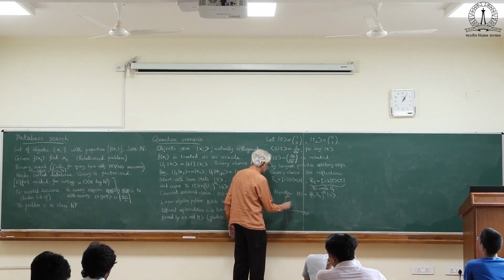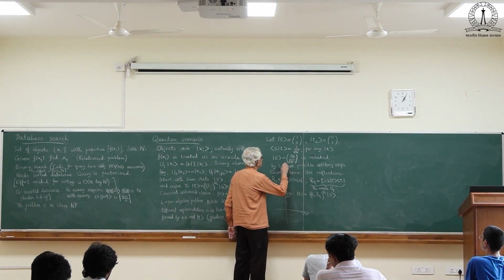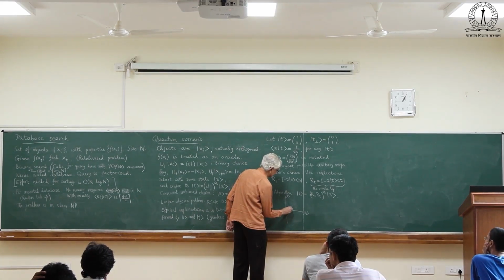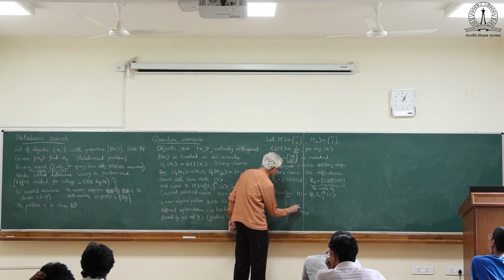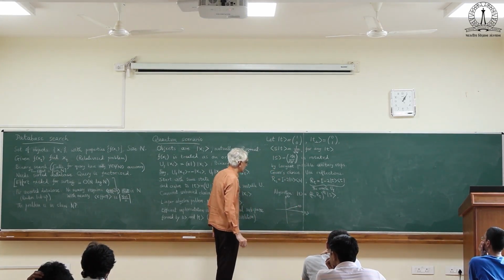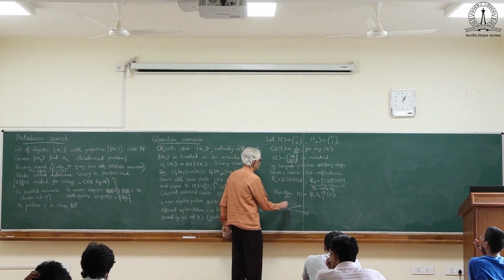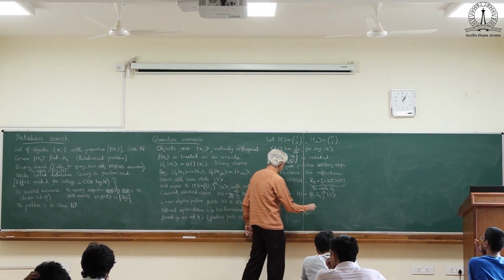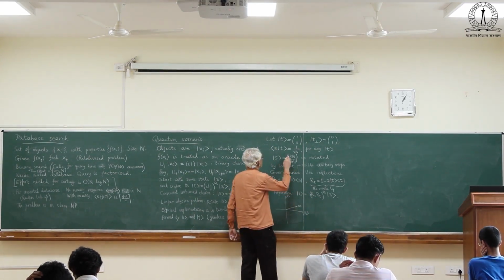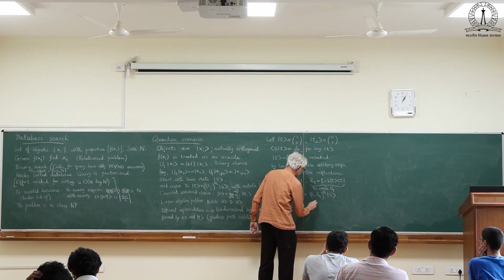So we want to go there. The vector will be initially somewhere, and we started with this unbiased choice. So let the initial state be over here, and the property is that the overlap is equal to 1 by root n.